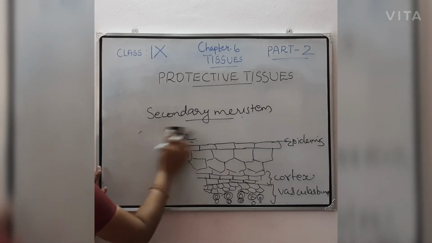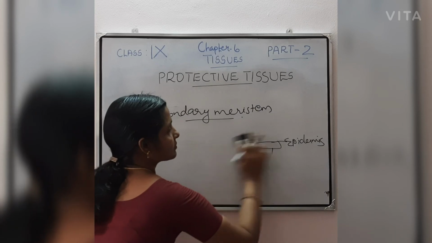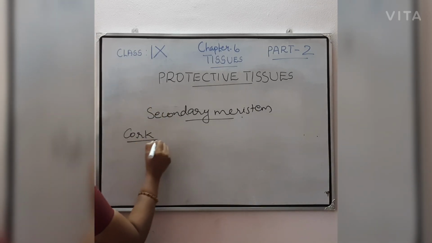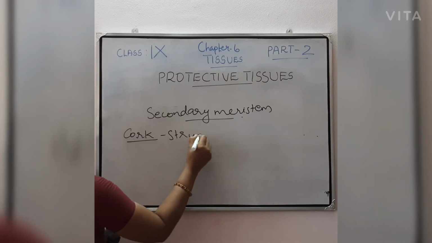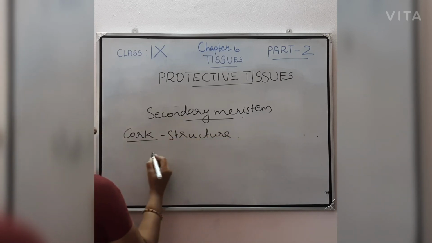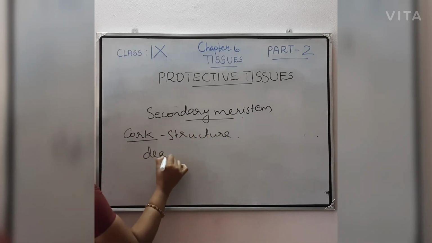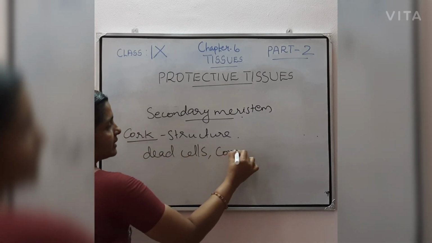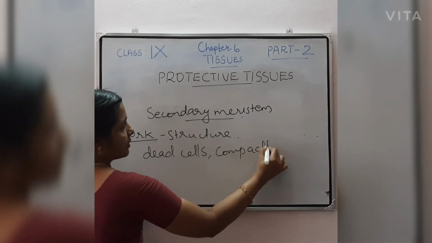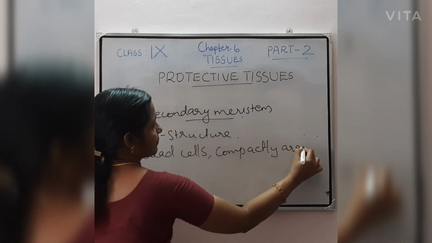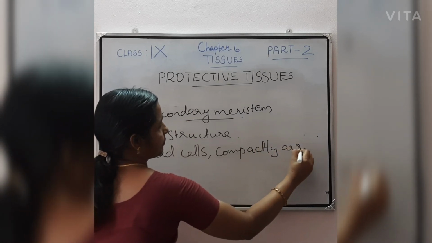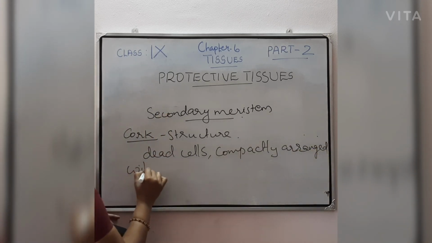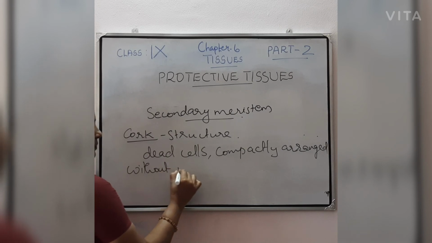Then what is the structure of this cork? Next is about the cork. Here the cells are dead cells and these are compactly arranged without intercellular space.